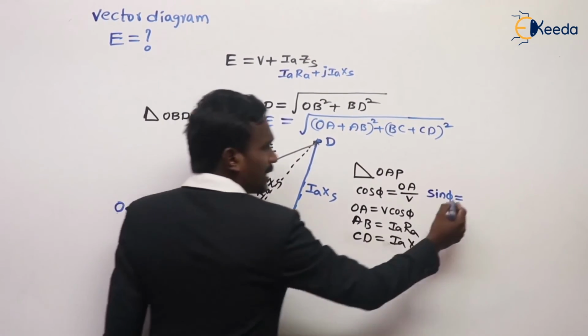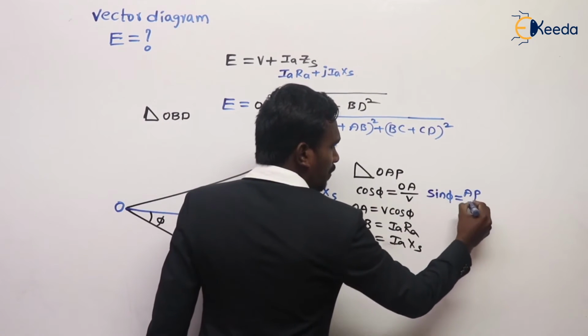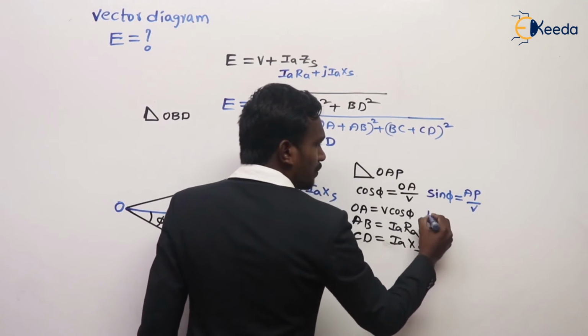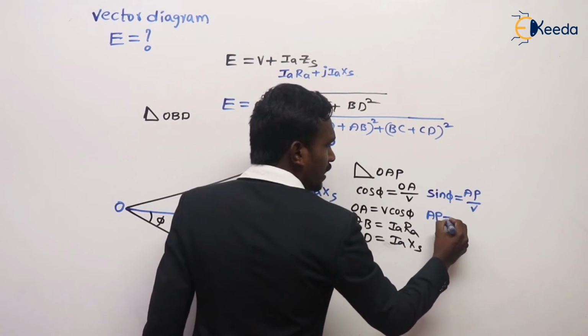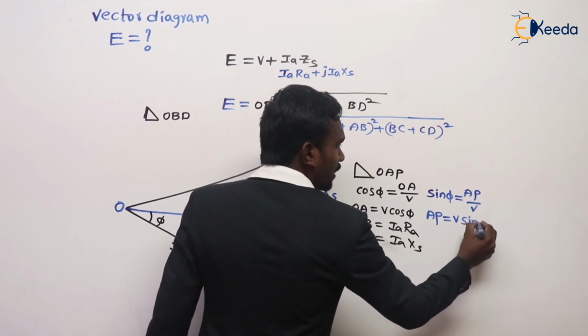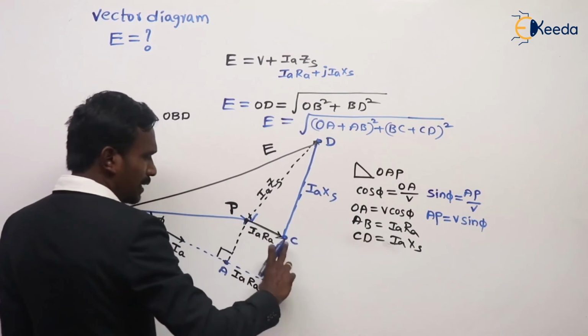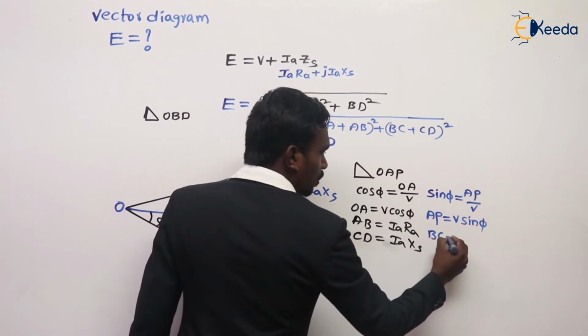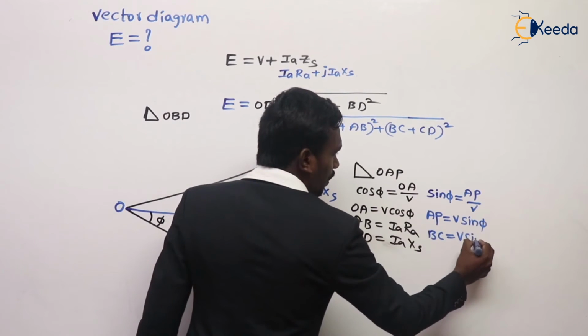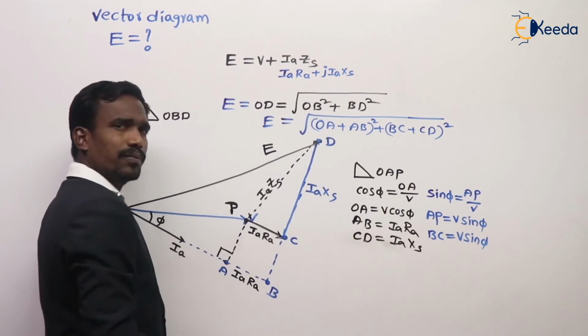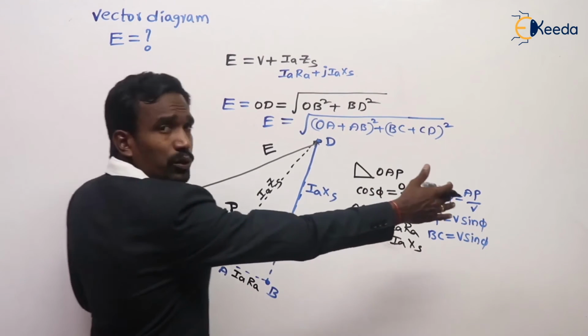What is opposite? AP, so AP upon V. From this, AP is equal to V sine phi. This AP is equal to BC, so BC is equal to V sine phi. Okay, is it clear up to this?